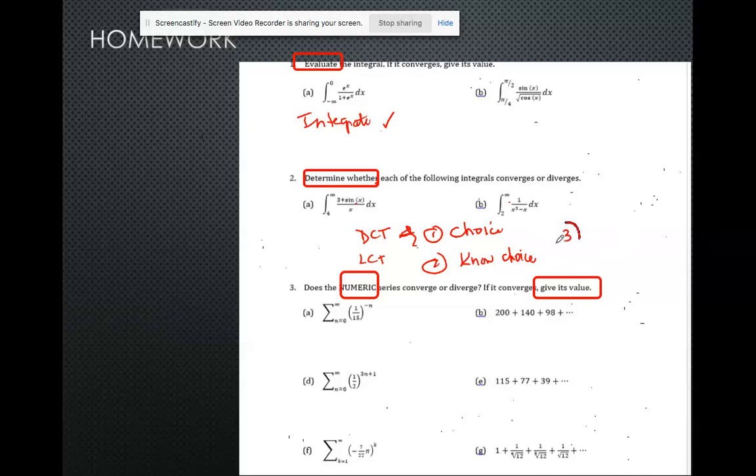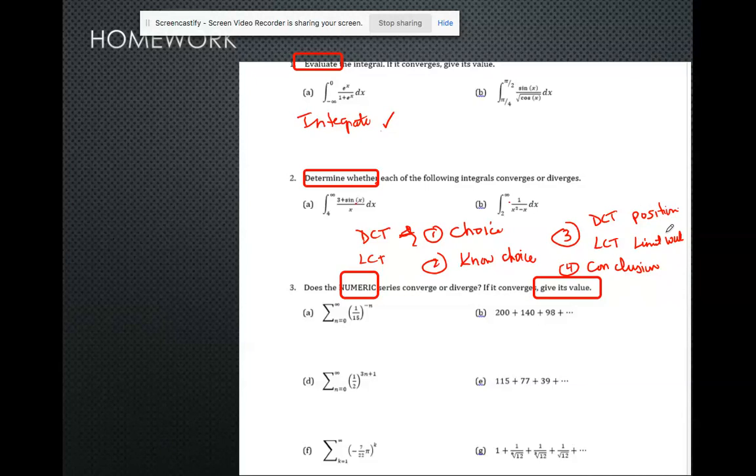3, if you're doing the DCT, your next thing is you talk about the position. If your known function converges, then your function has to lie under it. If your known function diverges, your function has to lie on top of it. Or if you're doing the LCT, then you're doing limit work. And then 4, your conclusion.